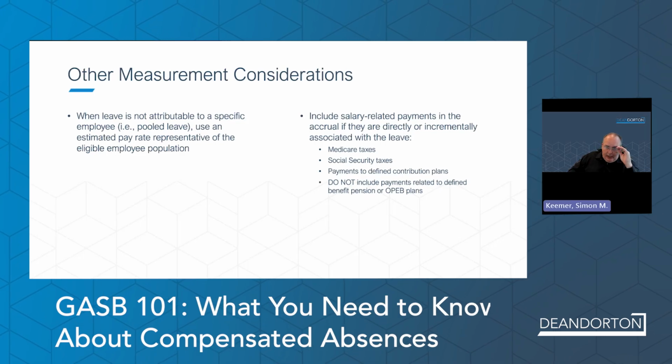And again, you can apply standard percentages or standard burden rates based upon materiality. So you don't have to go through each individual person unless your calculation warrants that. You can apply burden rates or standard rates to the gross pay in order to come up with the directly or incrementally associated costs with that accrual.